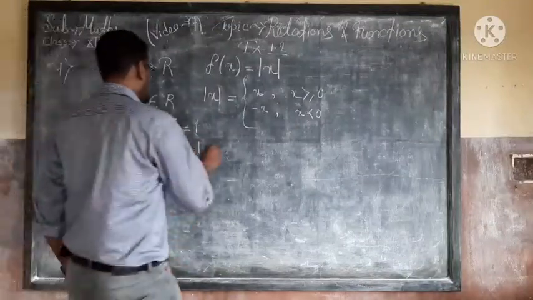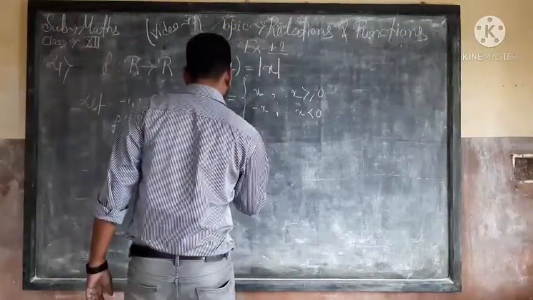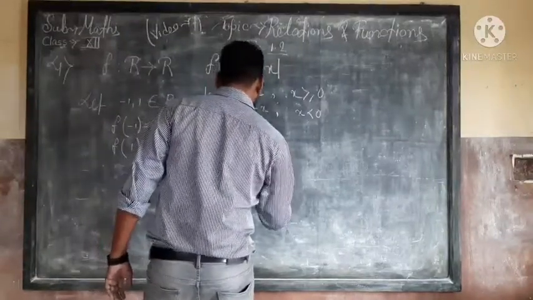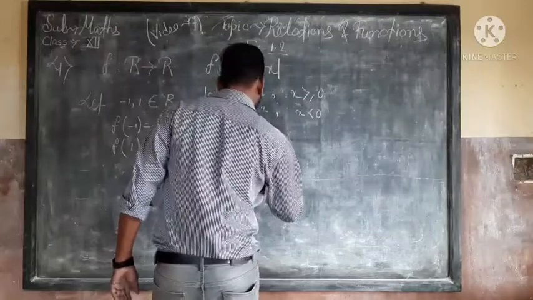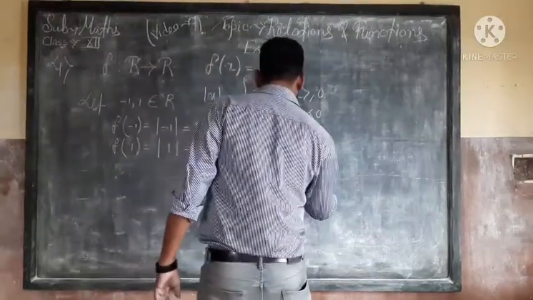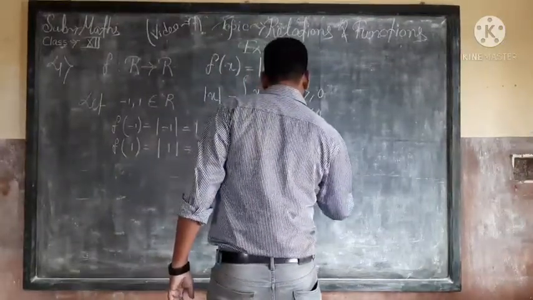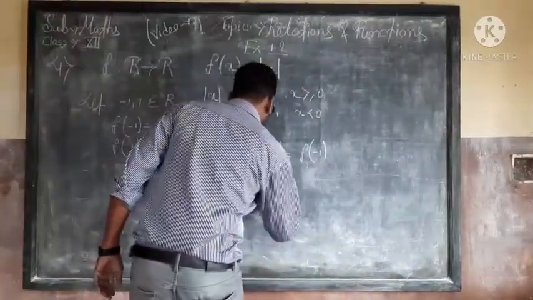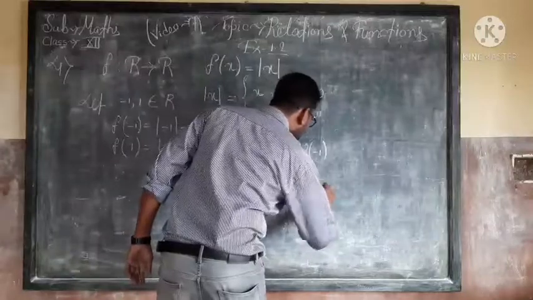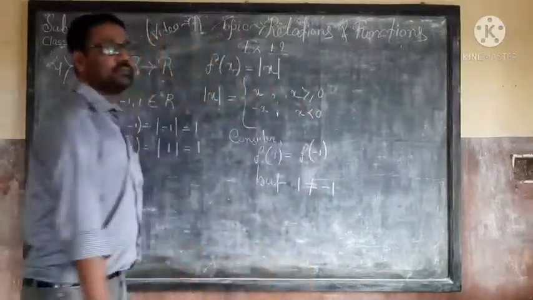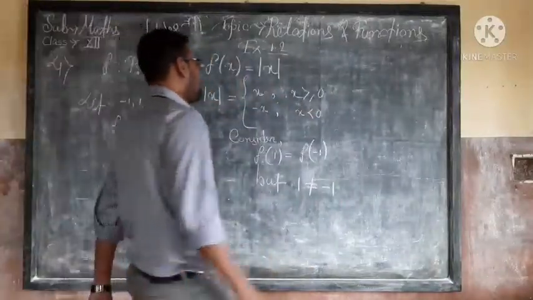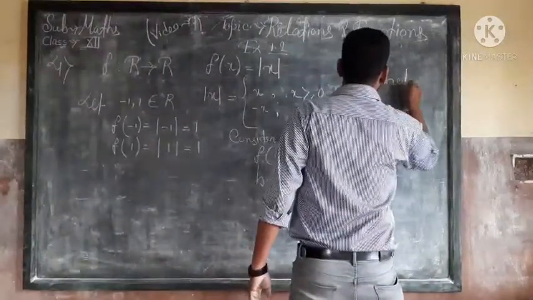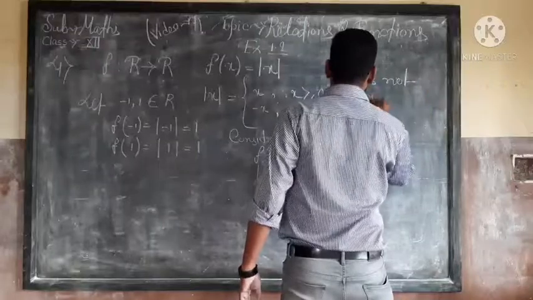So f(1) is equal to f(minus 1), but 1 is not equal to minus 1. That means this f is not one-one.